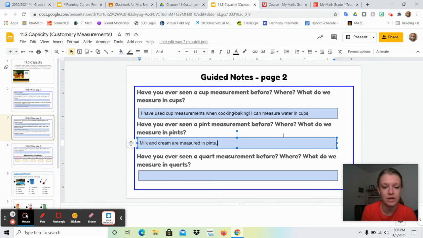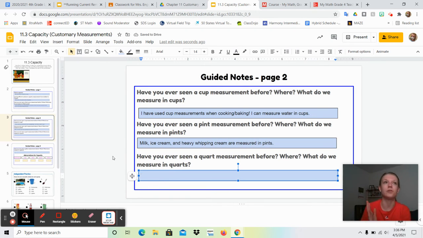Okay, so the next measurement is quarts. I forgot, what else is measured in pints? Ice cream. And heavy whipping cream.